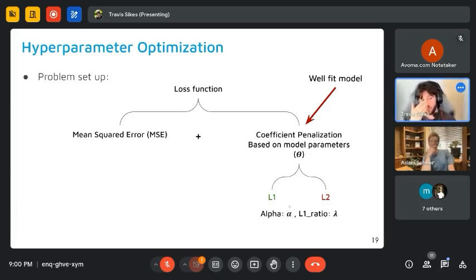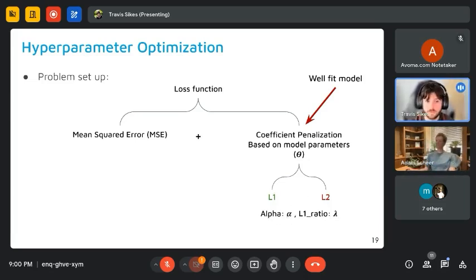Now, with an elastic net, these two values are combined by a ratio, which is called the L1 ratio. If the L1 ratio is 1, then it is entirely a lasso regression. If it is 0, then it would be a ridge regression. Anywhere in between, it's an elastic net. But the strength at which we penalize these things is set by alpha.